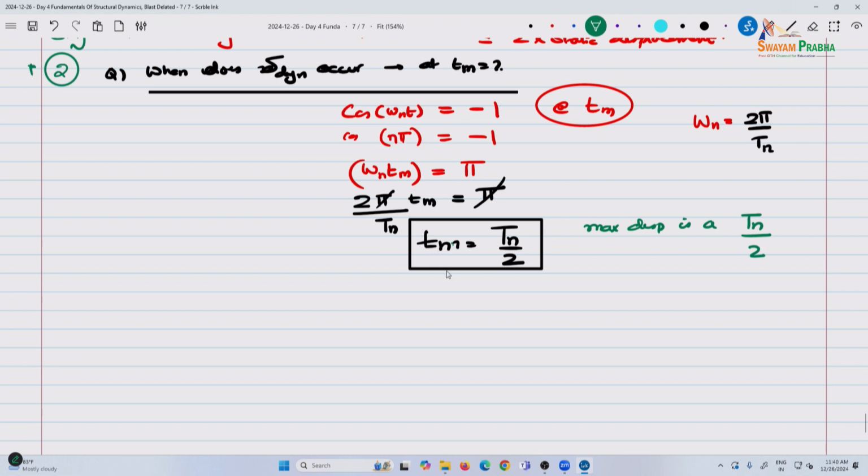Here it depends on the structure characteristics. So, keep that in mind.